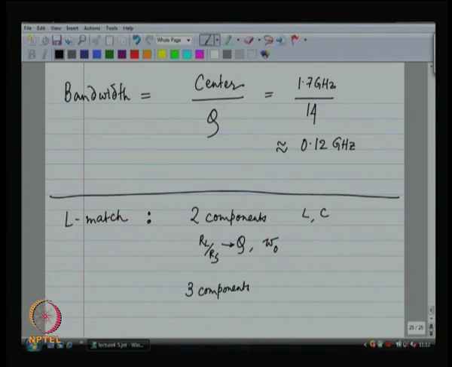Maybe these 3 components are L 1, L 2 and C, maybe they are C 1, C 2 and L, I do not know. And the 3 degrees of freedom are R L by R S, Q and omega naught. Now, Q is related to bandwidth. So, therefore, you can also say R L by R S, bandwidth and omega naught, however you please.